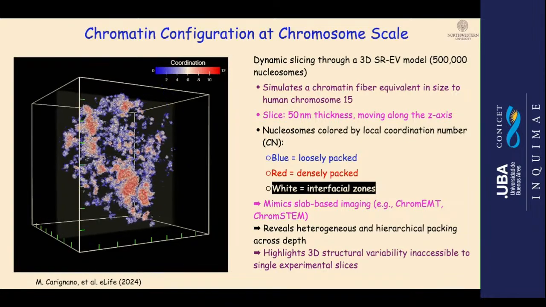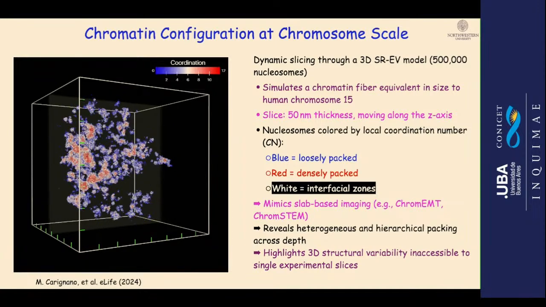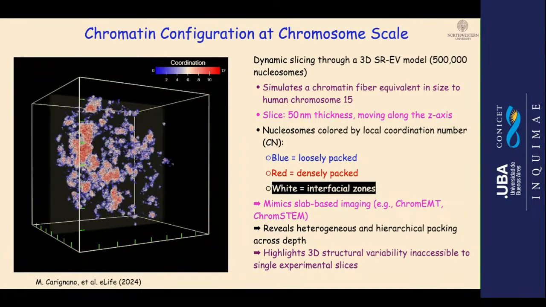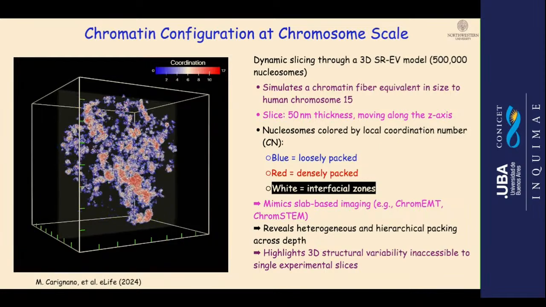Coordination number serves as a proxy for chromatin accessibility, linking structure with potential function.